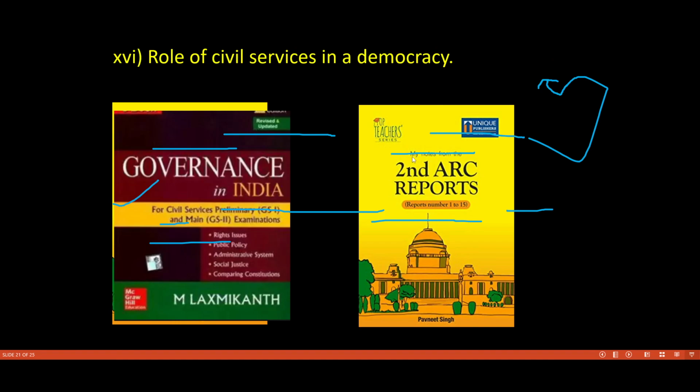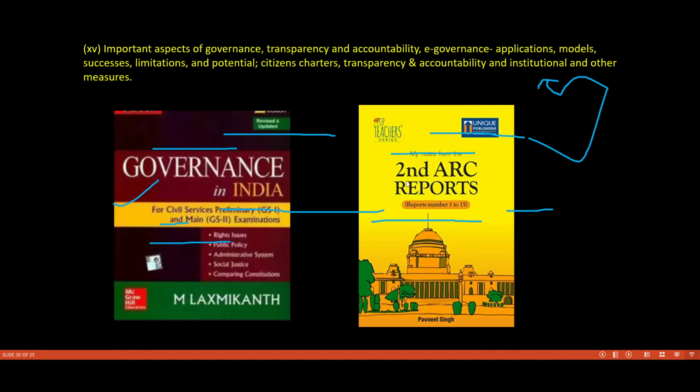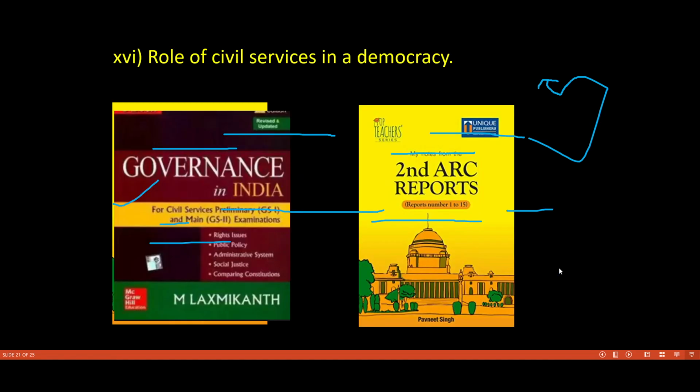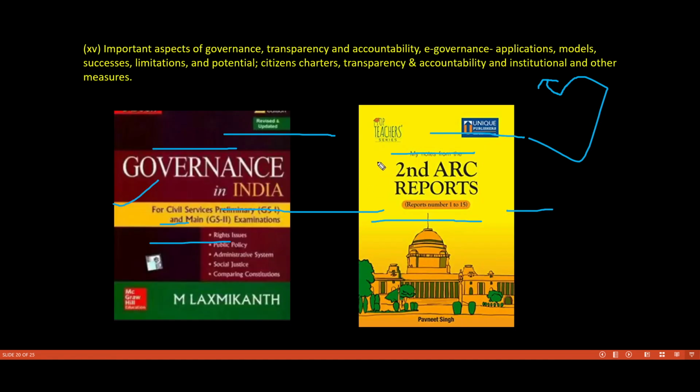The role of civil services in a democracy is also given in the second ARC report. So you have to read it from here. Also, Soon's books. I have read the article on the role of civil service in democracy. You can get the basic points from there. But when Soon's book came in the market in, I think, 2021, those books were new.